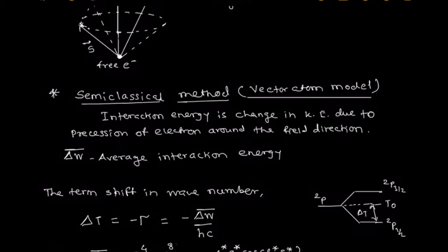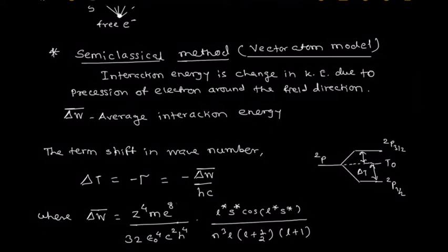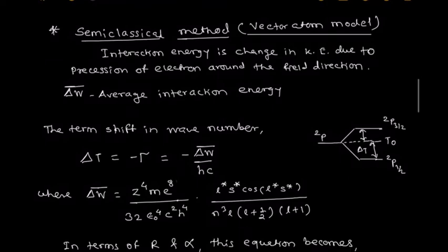That delta T we have to determine by using the standard relation, that term shift in wave number delta T, or we say minus tau, equals minus delta W bar divided by hc. Delta W bar is the average interaction energy, and we write directly the result.